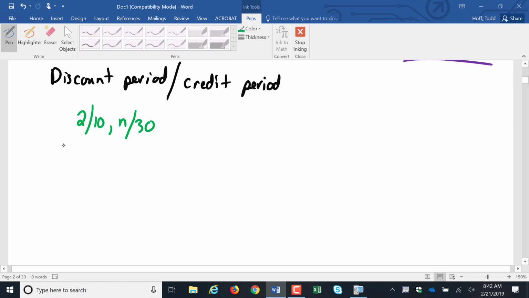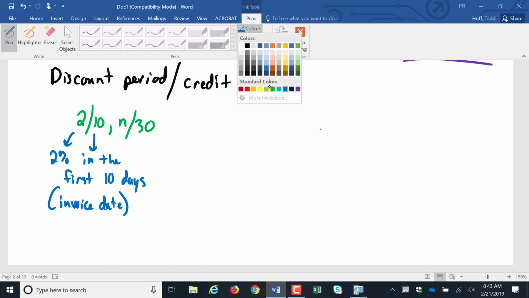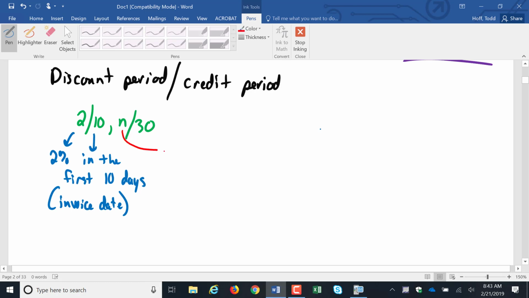What that is saying is there's a 2% discount if paid in the first 10 days. That is from the invoice date. The N says the net amount is due 30 days from the invoice date.